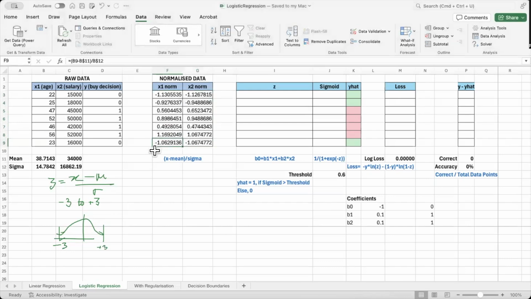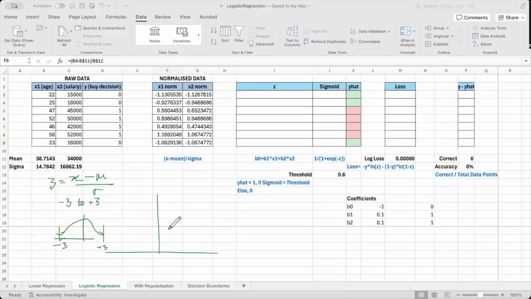Now in logistic regression, we use a different function. In this case, the function is called the sigmoid function. The sigmoid function has the quality that for every value of x, the y will always be a value between 0 and 1.